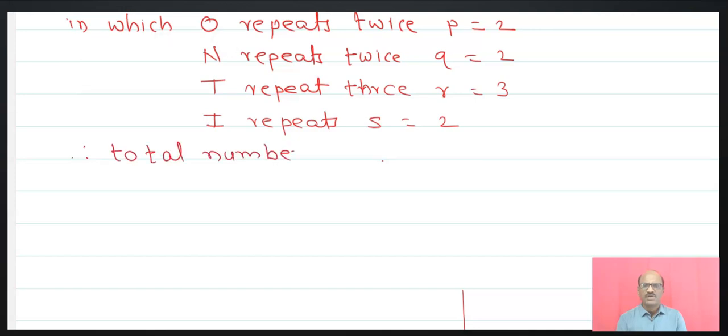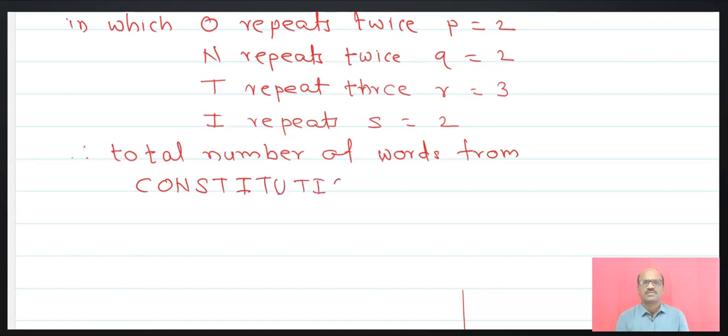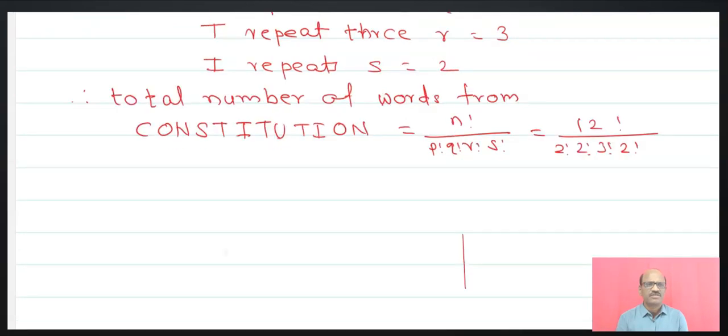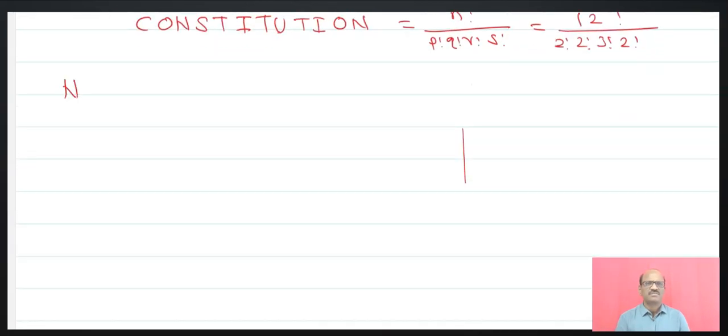Therefore, the total number of words from the constitution is n factorial upon p factorial into q factorial into r factorial into s factorial. That is 12 factorial upon 2 factorial, 2 factorial, 3 factorial into 2 factorial. These are the total number of the words.